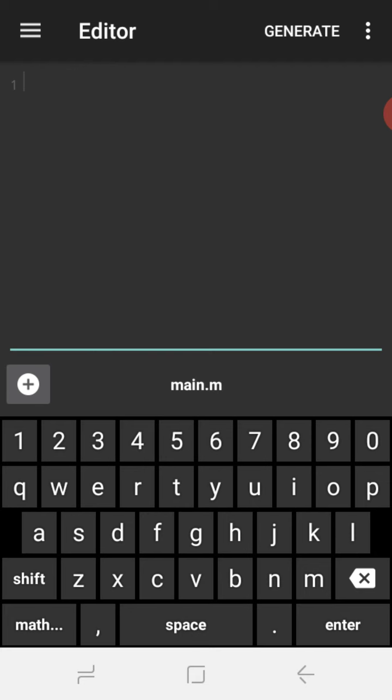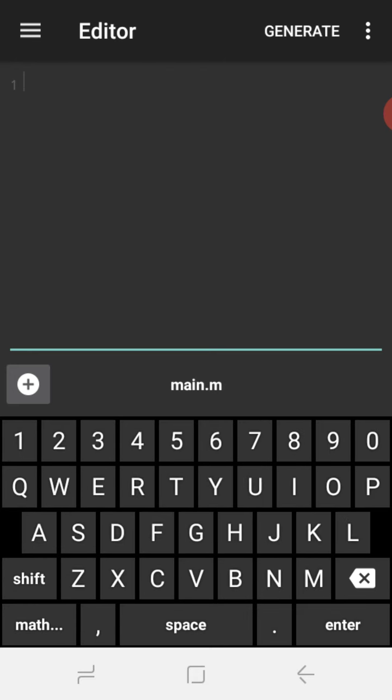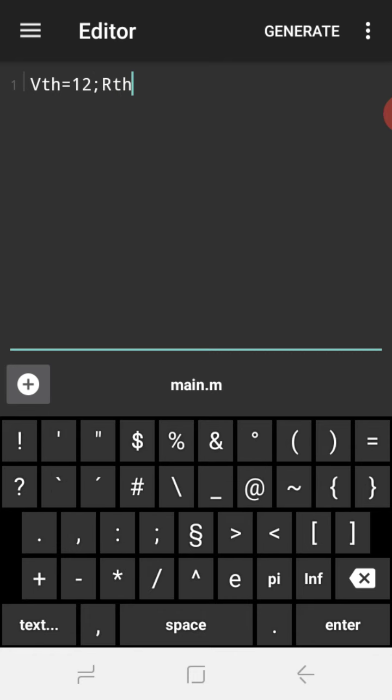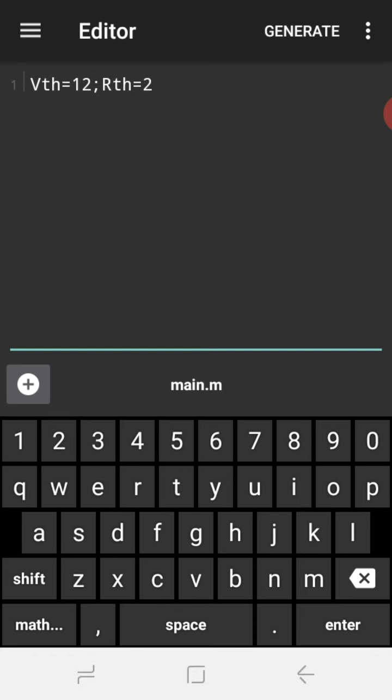So I don't write the CLC clear and start with V Thevenin equals 12, colon, R Thevenin equals 2, colon, and the programming starts with the for loop. So we have to write for I equals 1 to 41.